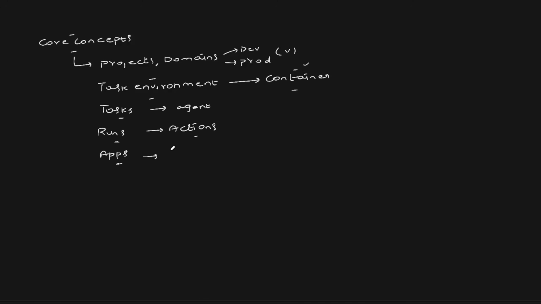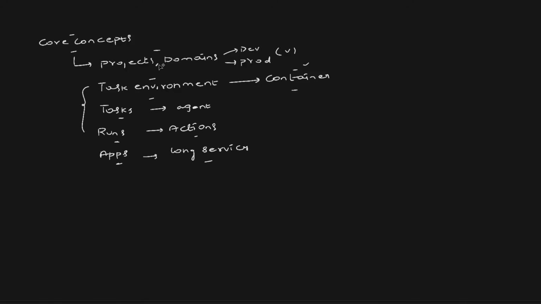Apps are basically long running services for APIs, dashboards, and inference endpoints. You can learn more about these core concepts using the Flyte documentation, which I'm obviously going to share in the description. But for the Flyte demonstration that we are going to perform, we will use task environment, tasks, and runs.